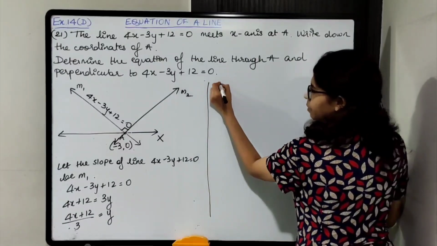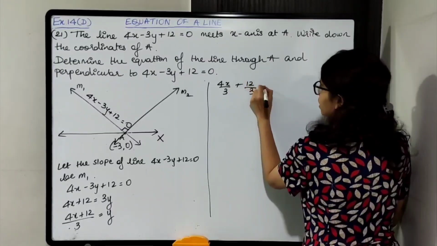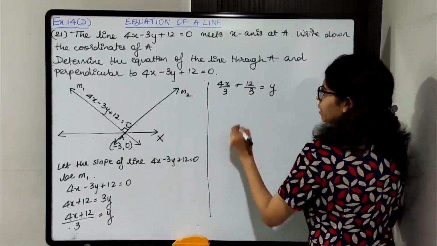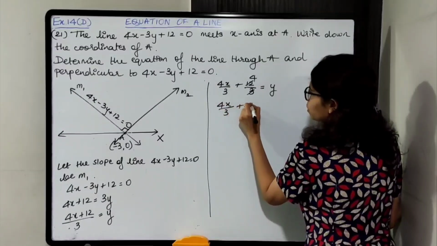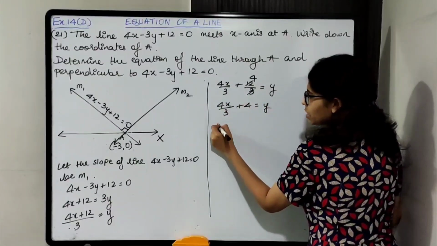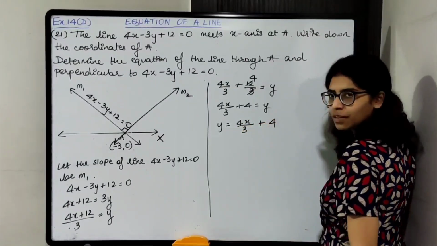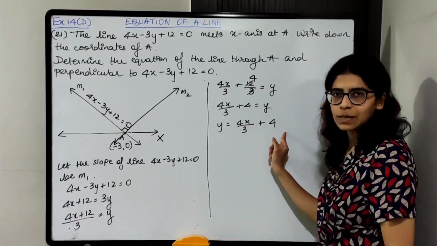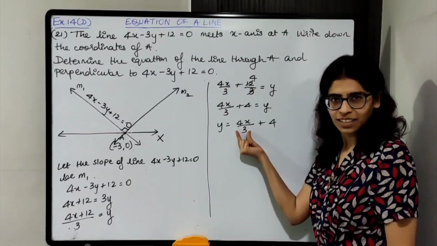So I am solving over here. 4x upon 3 plus 12 upon 3 equals to y. 3 4s are 12. So we are getting 4x upon 3 plus 4 is equal to y. Switch the sides, you will get it in standard form, है ना? y equals to mx plus c. Compare करके what is the slope? Slope is 4 by 3.